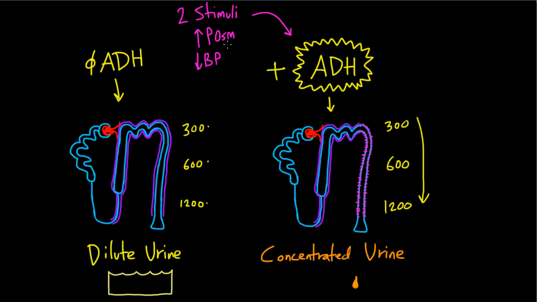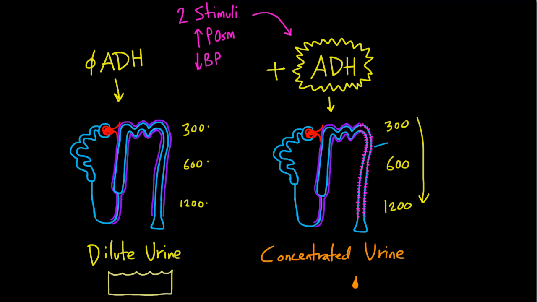All right, so there are those two stimuli. If a high plasma osm occurs or low blood pressure, low perfusion, ADH, otherwise known as AVP, will be secreted. In this setting, from the distal part of the DCT to the cortical collecting ducts, aquaporins will be inserted into the luminal membrane, and now this segment is permeable to water. Okay?